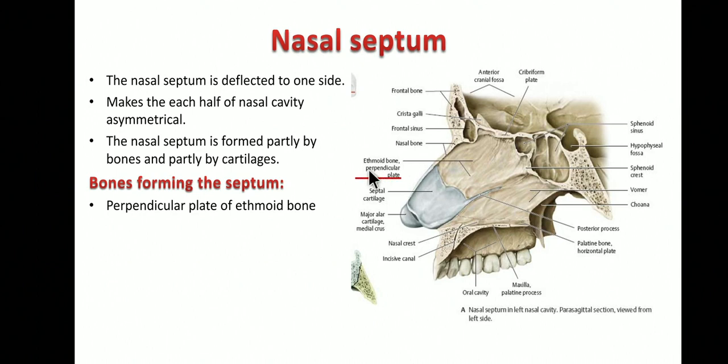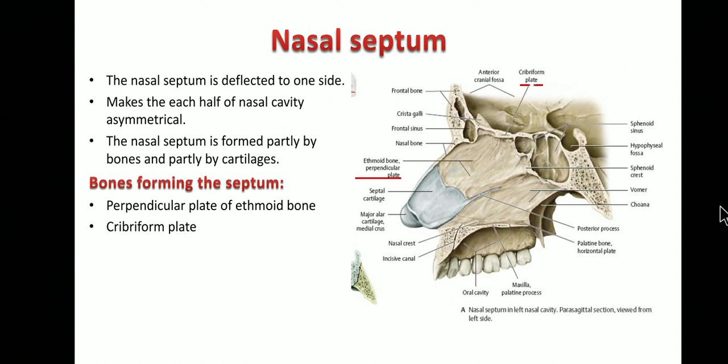The perpendicular plate of ethmoid communicates antero-inferiorly with the septal cartilage. Posterior-inferiorly it communicates with the vomer, and posterior-superiorly it communicates with the crest of the sphenoid.